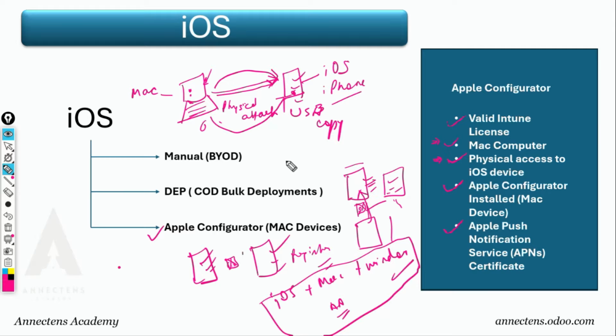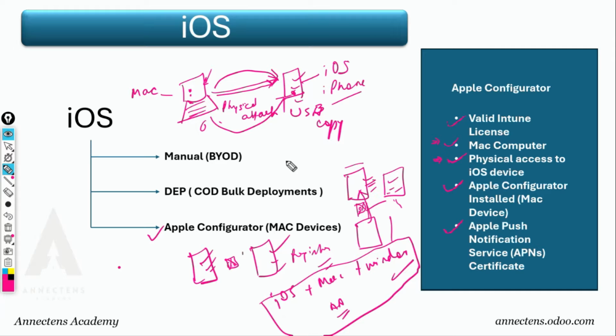So any mobile device management provider who is trying to connect or communicate with any Apple devices requires an Apple push notification service that will act as a security layer, like, I'll say, a man in the middle, who will talk to the Apple services, and the same will transfer to the MDM solution.